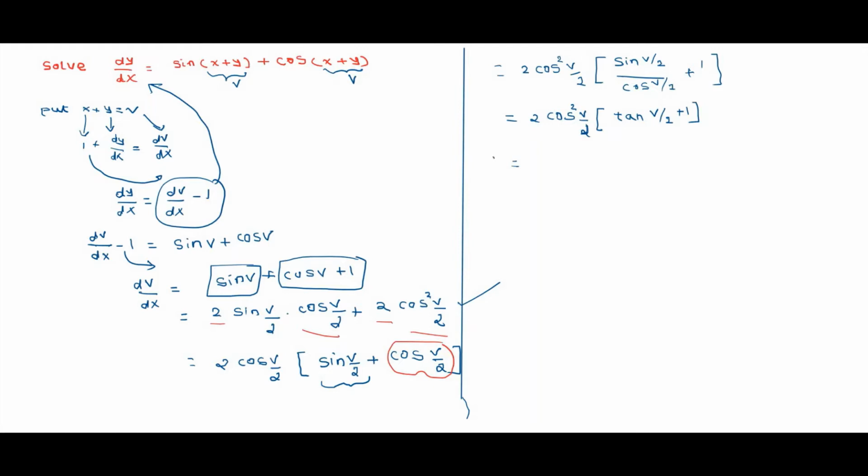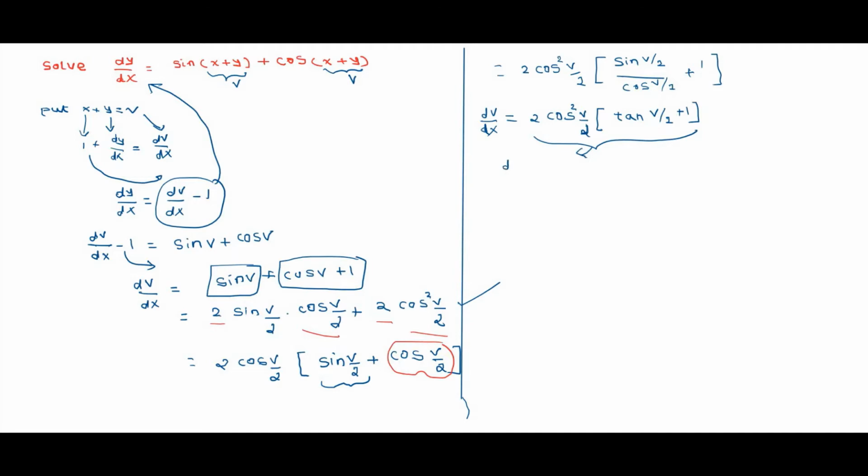so on the left hand side we have dv divided by dx. Now separating the variables, collect the terms containing v and dv on one side. All the right hand side terms are in terms of v, so transpose this term to the left hand side.